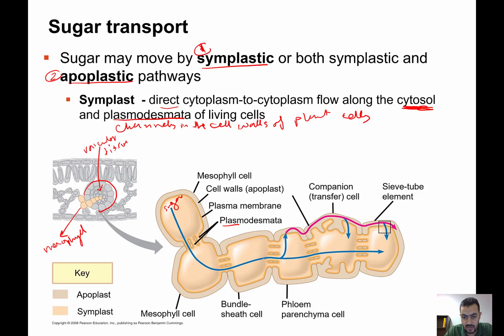So the symplastic pathway involves continuity of the cells and their connections through the plasmodesmata, so the sugar can sneak between these gaps from one cell to another.